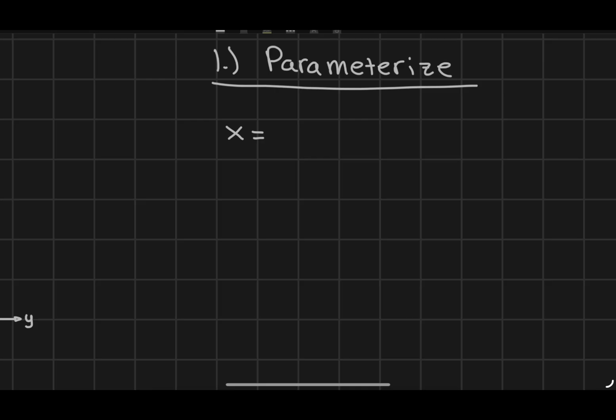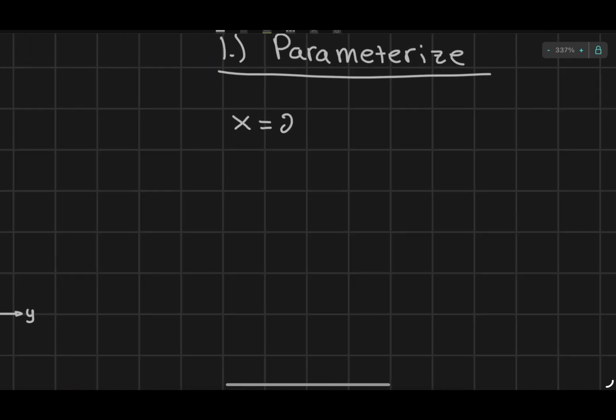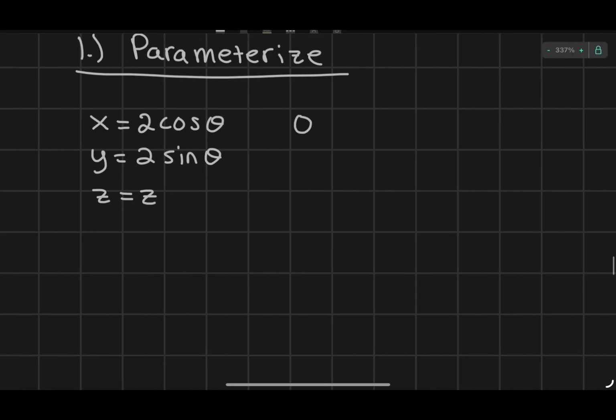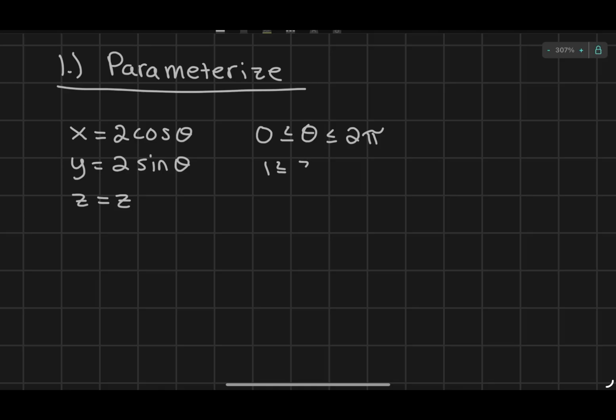We're going to have x is equal to r cosine theta, but our r is going to be 2 all the way around, 2 cosine theta. Our y is going to equal 2 sine theta, and our z is going to equal z. Our theta is going to go from 0 to 2 pi, and our z was given to us to go from 1 to 5. So that is our parameterized surface.